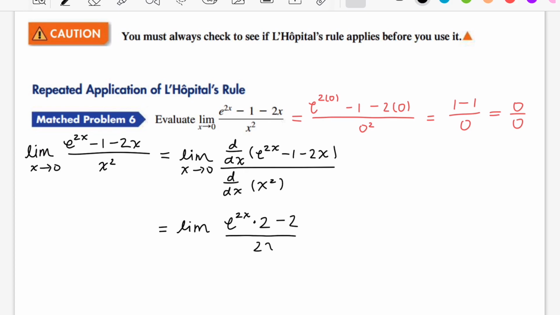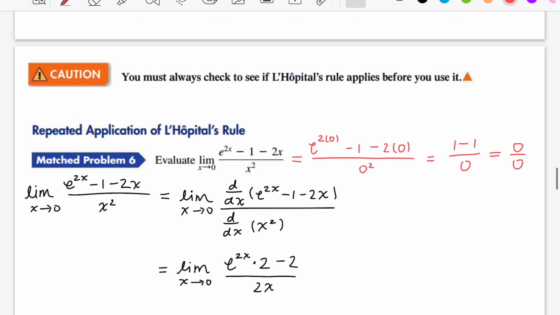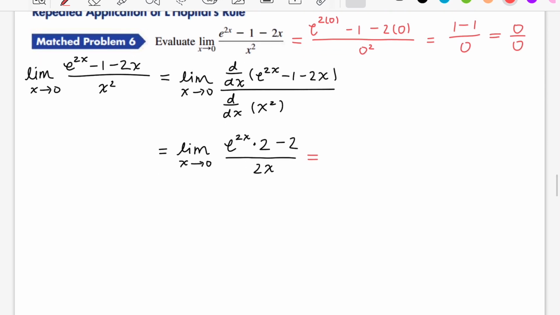Derivative of x squared is going to be 2x. And we're looking at this as x approaches 0. Alright, but notice something. If we were to evaluate this, we would get e to the power 0, and there's a 2 multiplying that, minus 2 over 2 to the power 0.